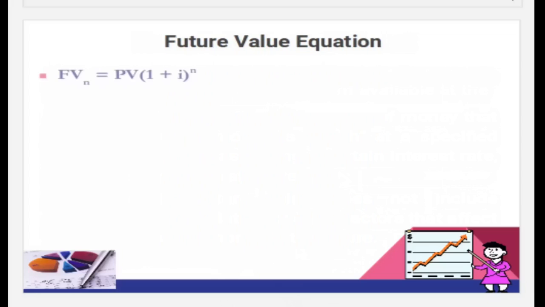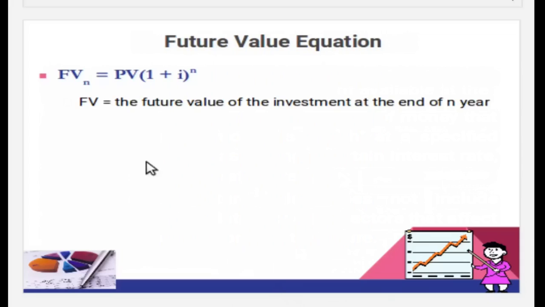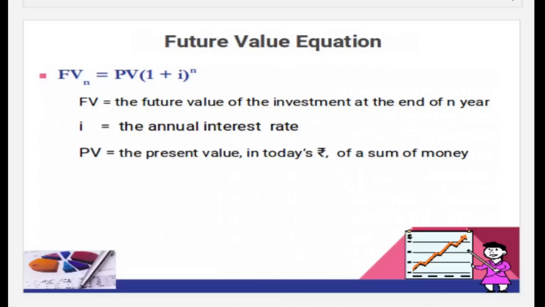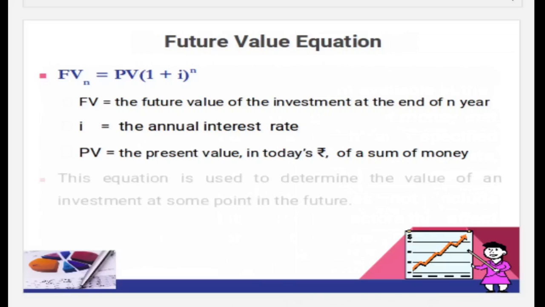Next, we will see how to calculate the future value. So, this is the equation for calculating the future value. In this equation, FV is the future value of the investment at the end of year N. Then I is the annual interest rate. Then PV is the present value, in today's rupees, of the sum of money.